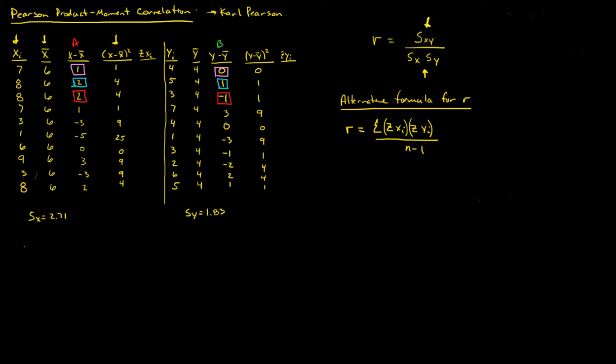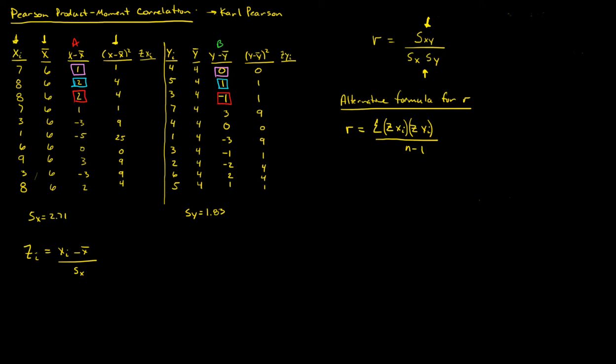To get a generic z for every ith score, it's x sub i minus x bar divided by the standard deviation for x.